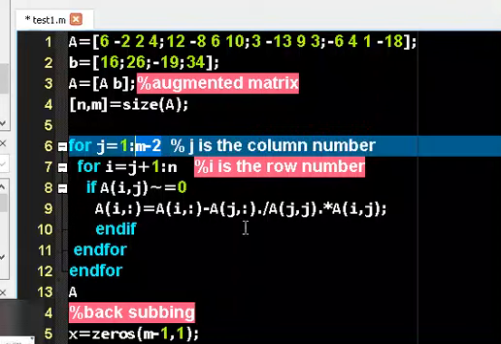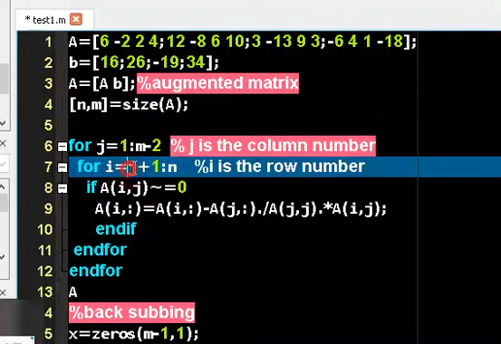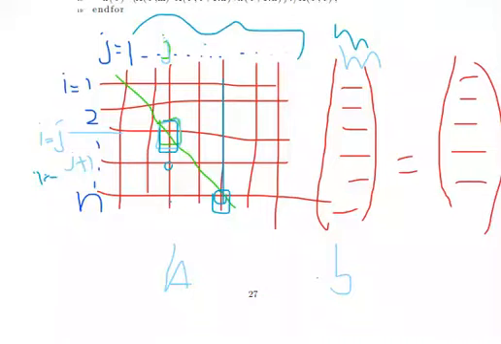So you can see i counting from j plus 1 to n, because we want to remove the elements below this element on the diagonal, right?